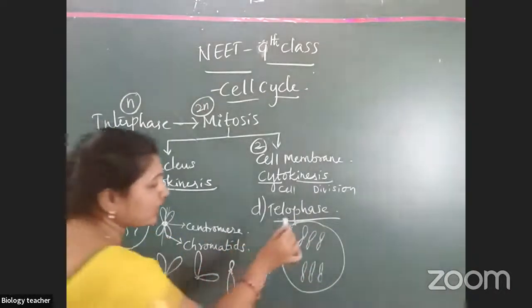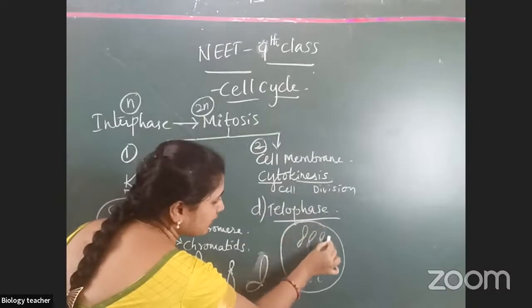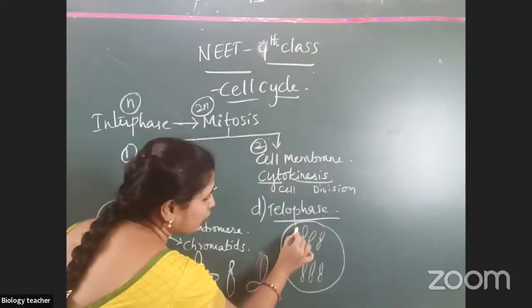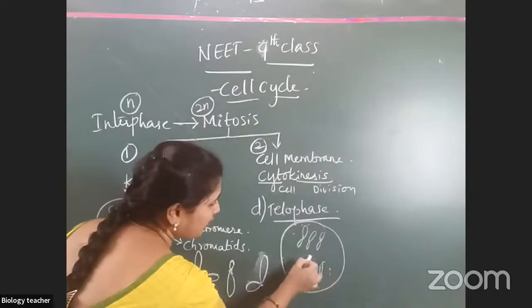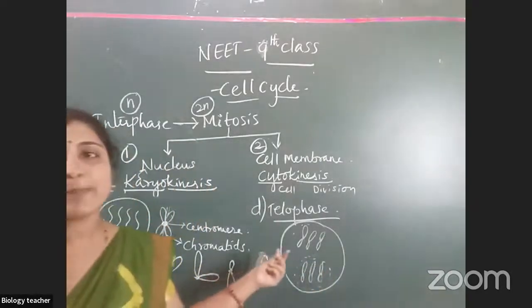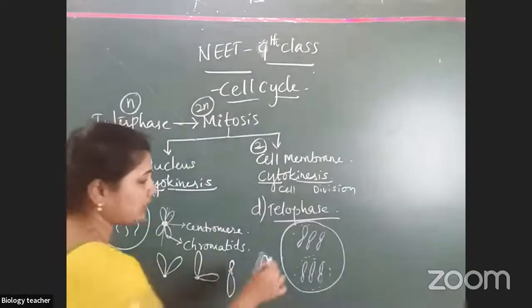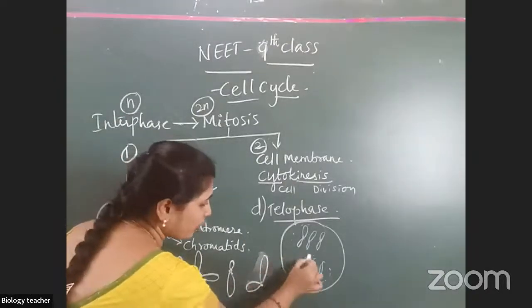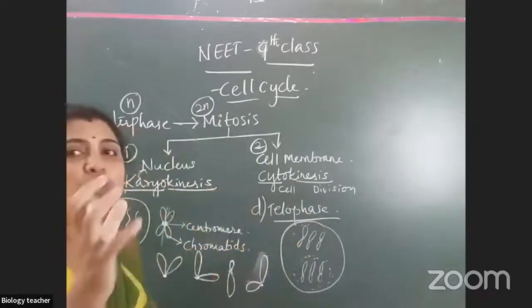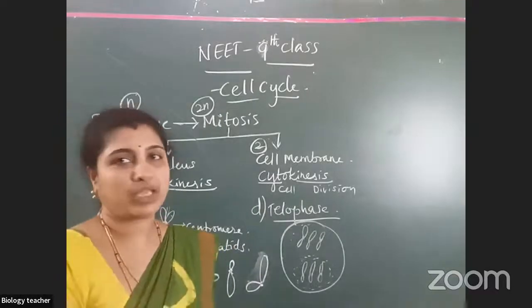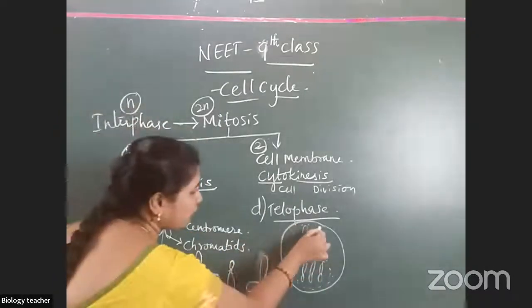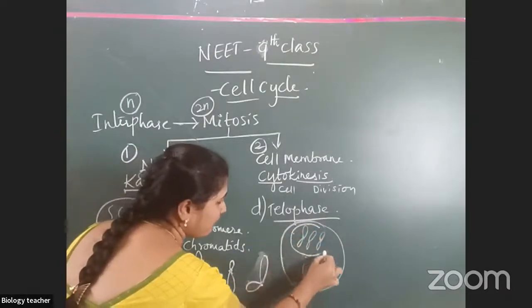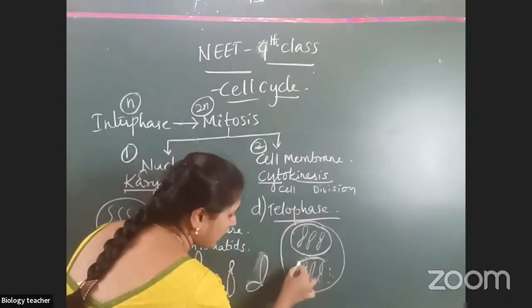So what is happening around these chromatids? What is forming around them? The reappearance of the nuclear membrane. The nuclear membrane starts to reappear around the corners, so nuclear membrane forms at each end.